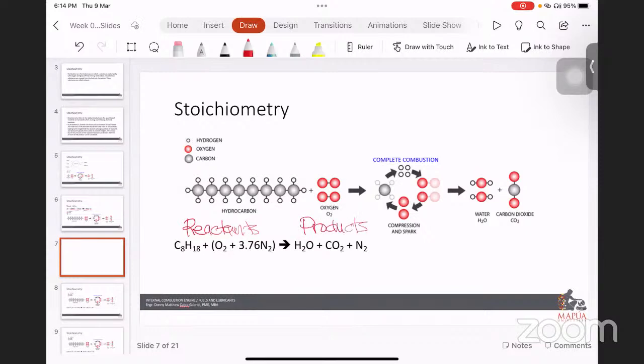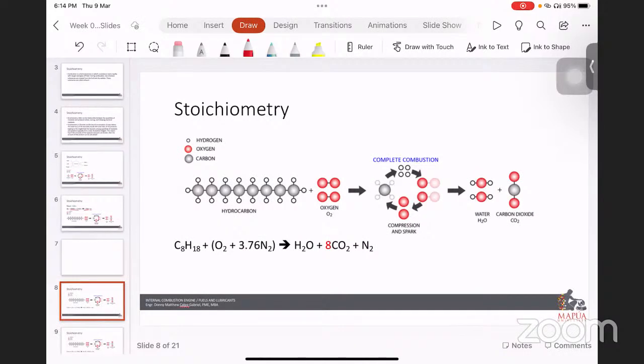So kung meron kang 8 carbon as your reactants, syempre, doon sa kabilang side, sa product, meron ka ding 8 carbon. Okay. So doon ang galing yun.